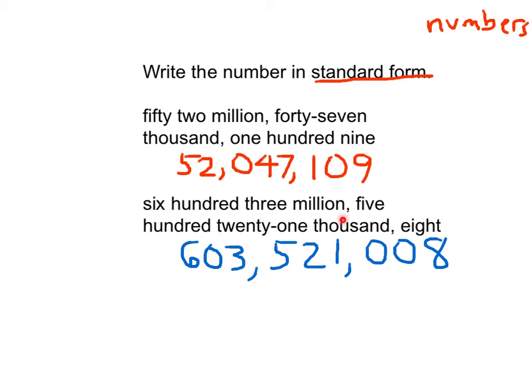Fine. 603 million. You'll notice in each of those place values, there's 3 digits, except for this one right here, where it said 52 million. Each of those periods, that is, if I said something different. Remember, standard form is just the numbers.